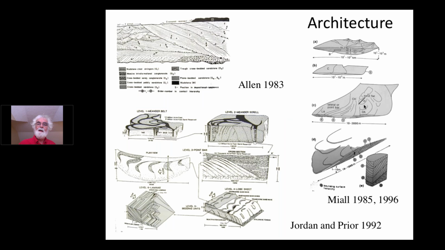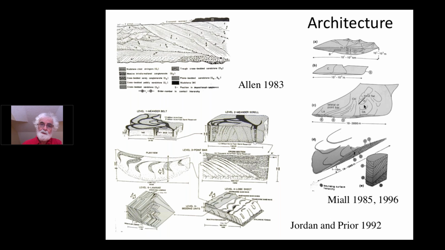The way that we get around the problem of not having perfect planform exposures is to attempt to use the architecture of the deposit. And we can do this in cases where we have reasonably large lateral continuity.